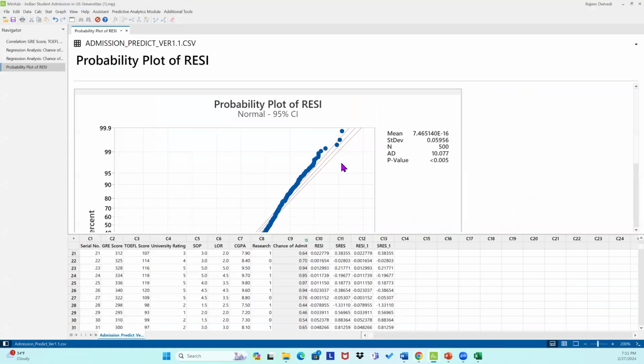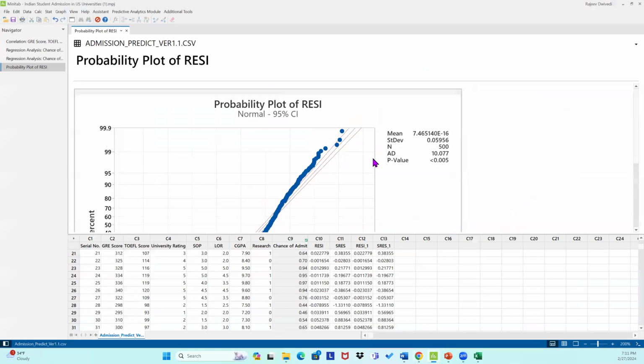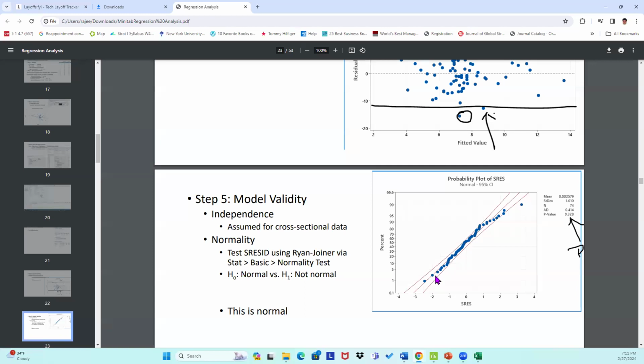The p-value is less than the threshold, that means not normally distributed. So remember, you can make the null and alternative hypothesis accordingly based on the p-value.